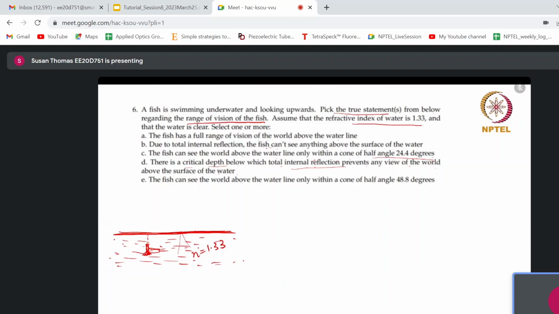Okay, and the last statement is fish can see the world above the water line only within a cone of half angle of 48.8 degrees. Again, it's some particular half angle only the fish can see, that is some 48 degrees. So which of these statements is true?